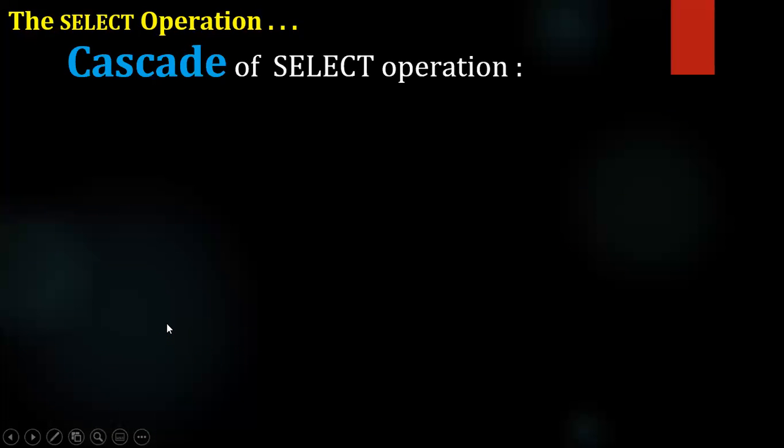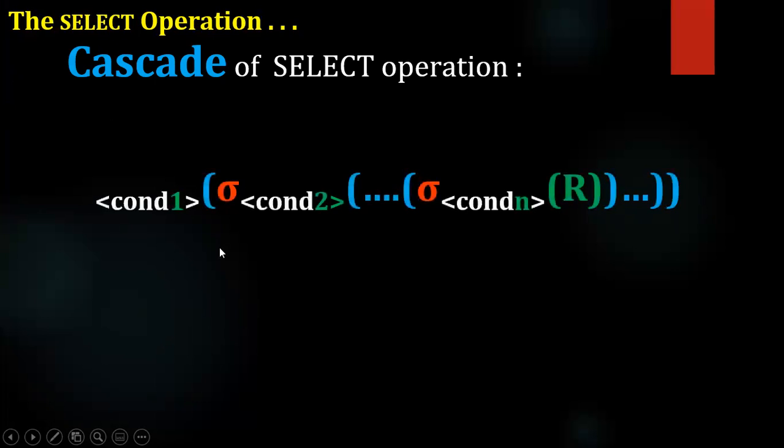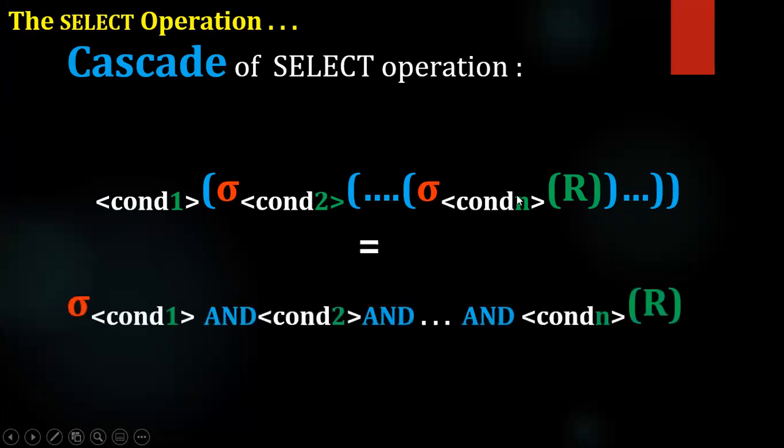So then next is the cascade of select operations. Now on a particular table, if I apply a selection operation n number of times, how do we represent that? Here we write relation R with select condition 1, select condition 2, select condition 3, up to select condition n, applying the select operation on the relation R n times.